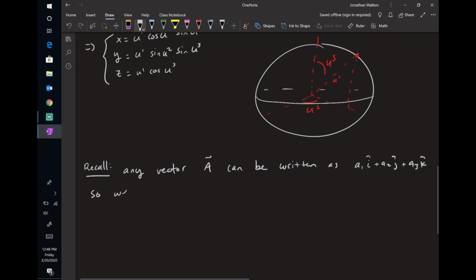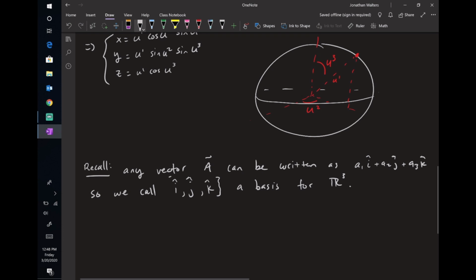So we call i, j, k that set a basis for R3, because any vector in 3-dimensional space can be represented as a combination of these 3 vectors. Then we call that set of vectors a basis for the space.